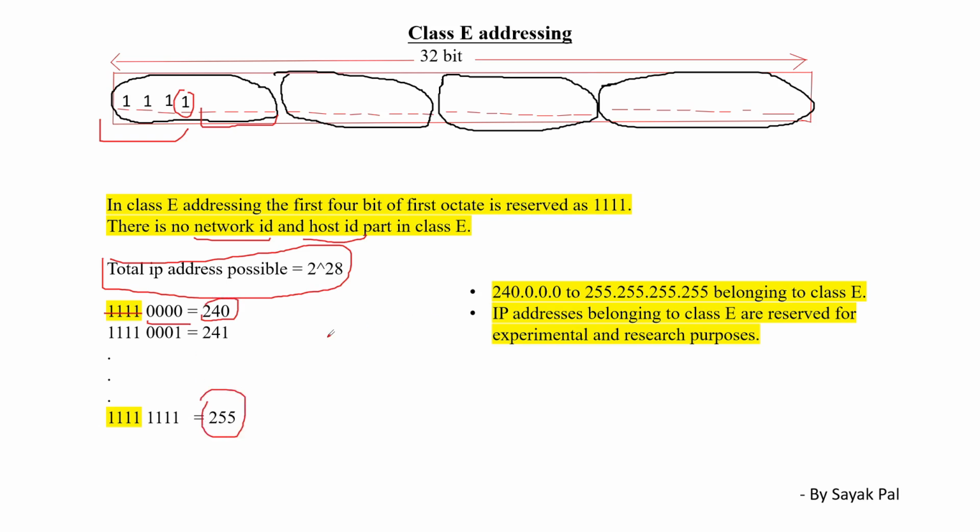So the range is 240 to 255. You can see here 240.0.0.2 belongs to class E, and IP addresses belonging to class E are reserved for experimental or research purposes, and also for military purposes.